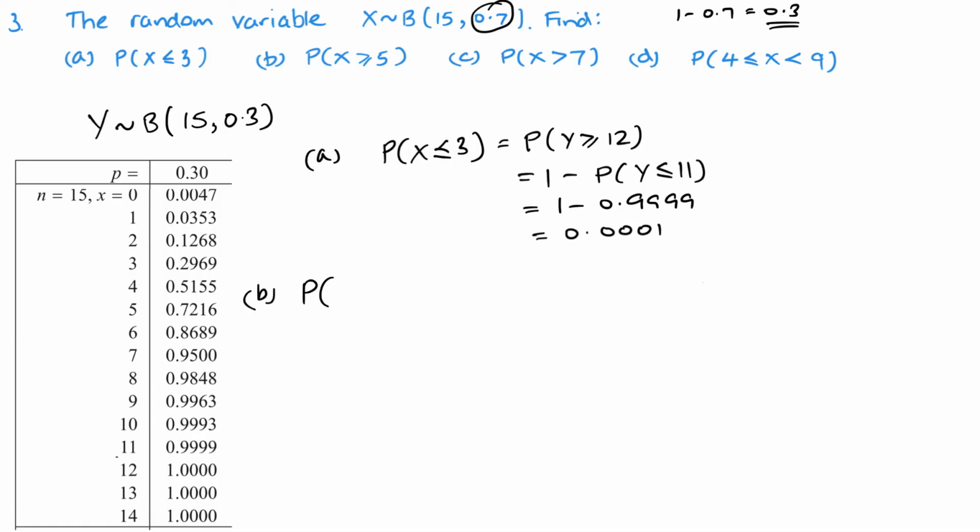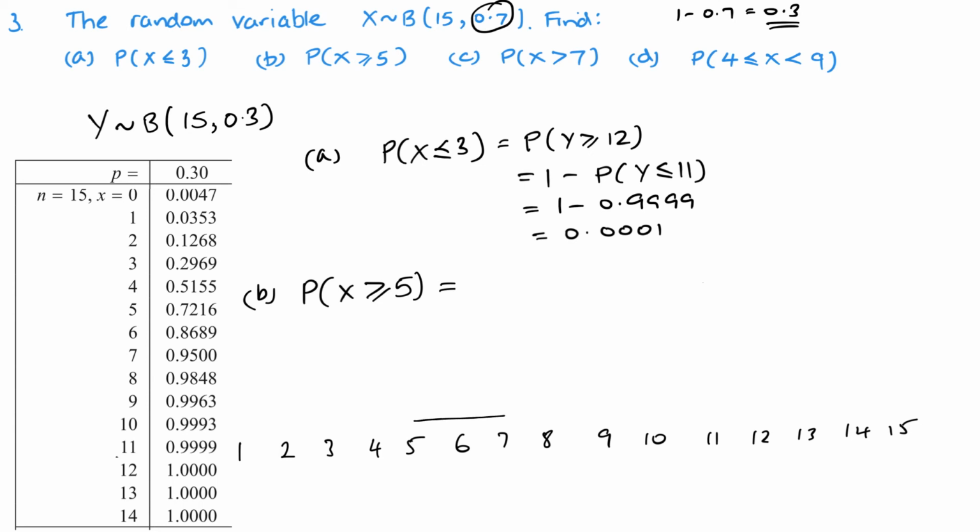So part B is x is greater than or equal to 5. So here, if I think x is greater than or equal to 5, this is what we're looking at, aren't we? X is greater than or equal to 5. So we've already got 4, and I missed out the 0, 5 values that we're not looking at.